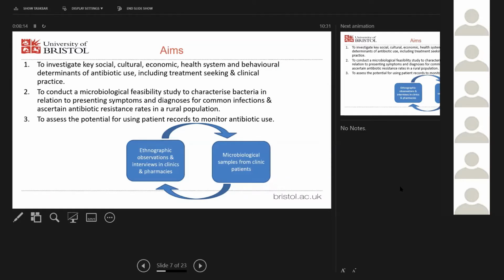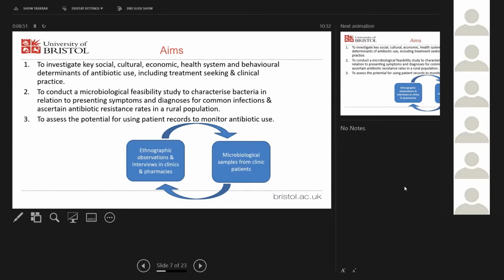To carry out a microbiological feasibility study to characterise pathogens in relation to presenting symptoms and diagnoses, particularly focusing on respiratory tract and urinary tract infections, and to try to, for the first time, ascertain antibiotic resistant rates in a community population. That's to say, outside tertiary hospitals, from which all of the surveillance data emanating from China is drawn on. And thirdly, to assess the potential for using patient records to monitor antibiotic use.